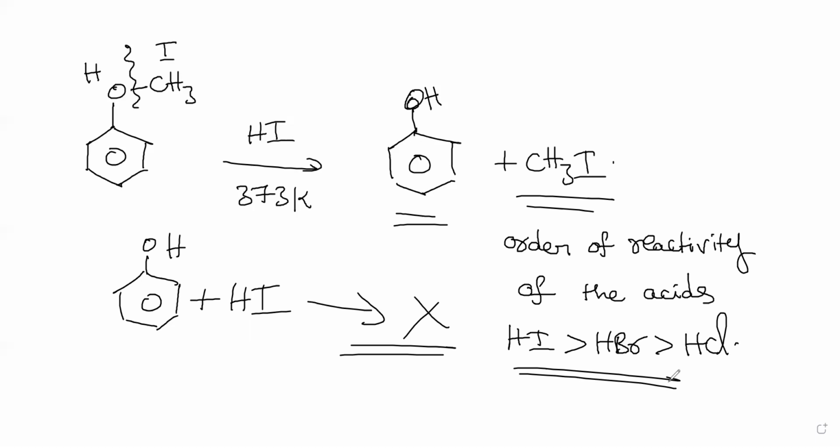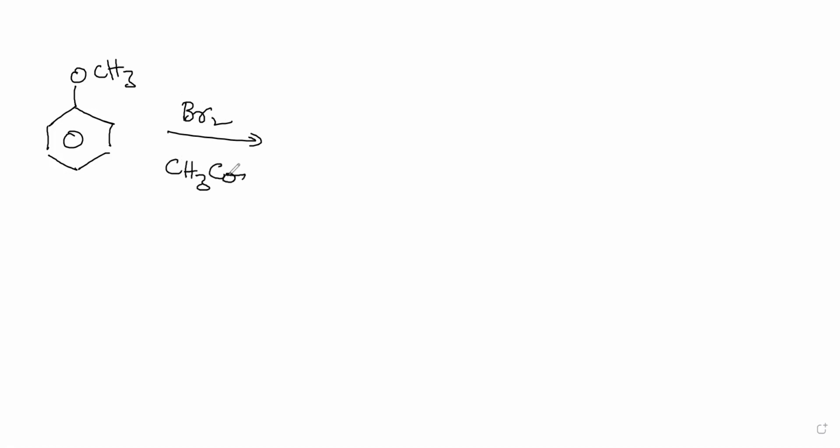Okay, right. Now these things will undergo electrophilic substitution reactions. If you have an OCH3 group and you treat it with Br2 in ethanoic acid, that is, Br2 in acetic acid, this is one important reaction.